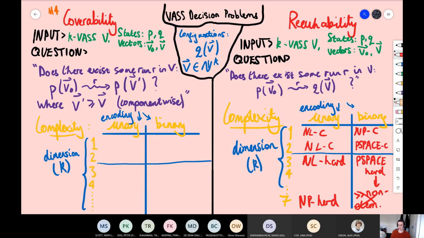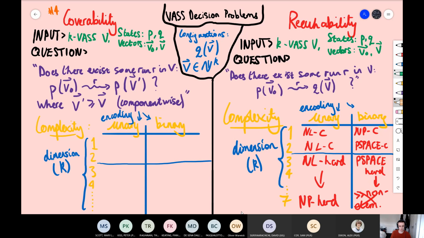I don't fully understand the proof. It's kind of crazy. But the upper bound here is also pretty tough. I think it might be the same as the binary upper bound. But the point is they get hard and there are lots of open complexity gaps for every single dimension 3 onwards. So that's reachability. Now to define coverability, and you'll see why they're similar, hopefully.